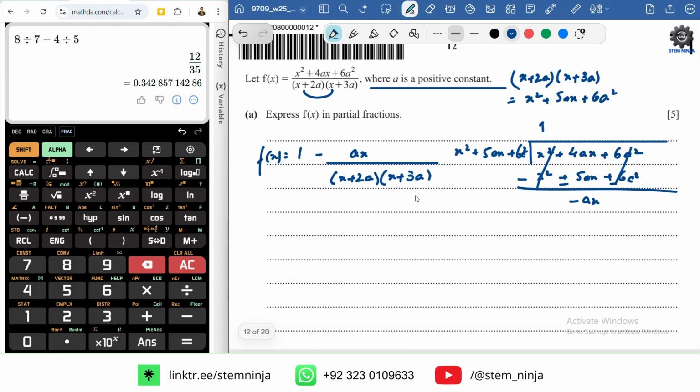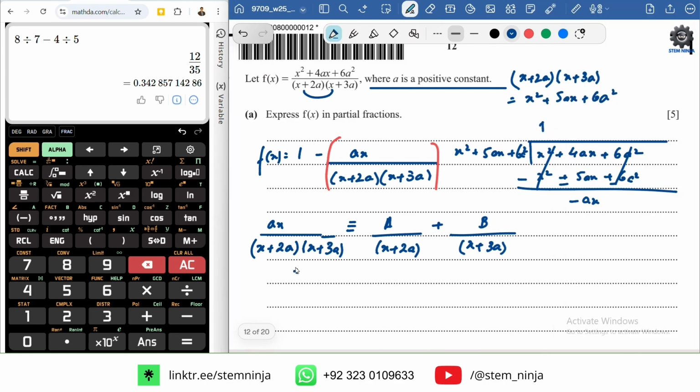Okay, right, now I think we can do the partial fractions of basically this thing. So you have ax over x plus 2a x plus 3a. One would be like this, a over x plus 2a, and b over x plus 3a.